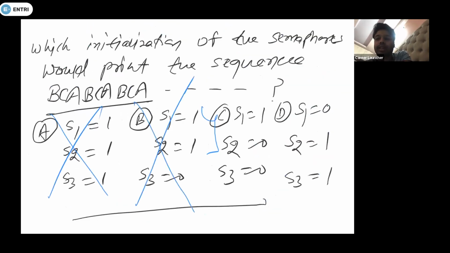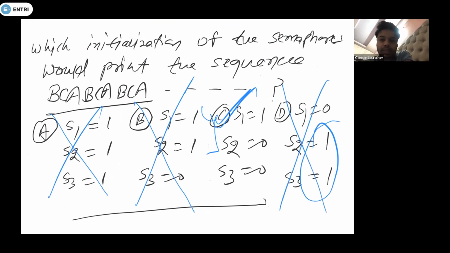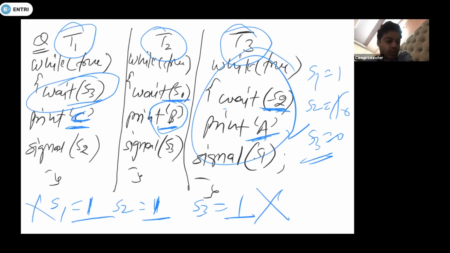Now C is the correct one. Why? Here S1 is 1, S2 is 0, and S3 is 0. D has the same problem; two ones are not possible. In C, S1 is 1 only, so wait on S1 makes it 0, then B will be printed.